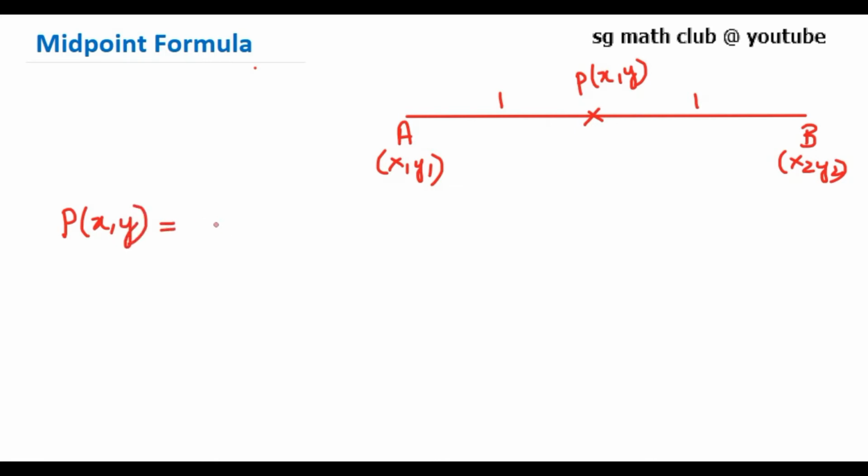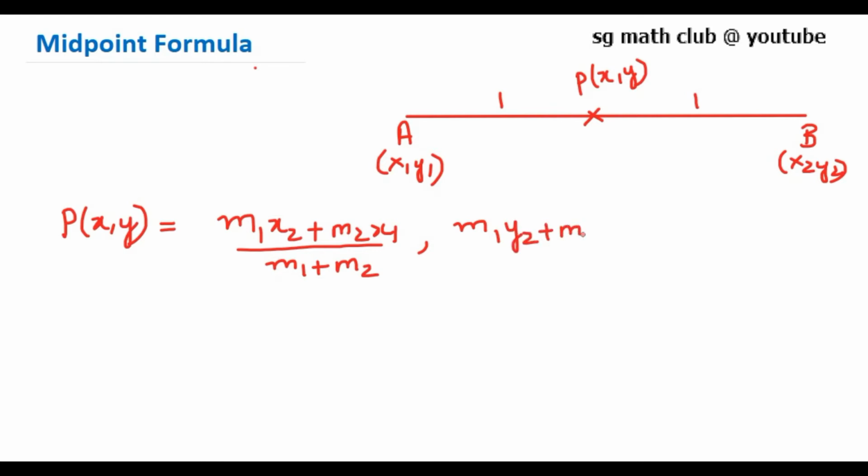So by section formula, I know that (m1 x2 plus m2 x1) divided by (m1 plus m2) will give the x coordinate, and (m1 y2 plus m2 y1) divided by (m1 plus m2) the y coordinate.